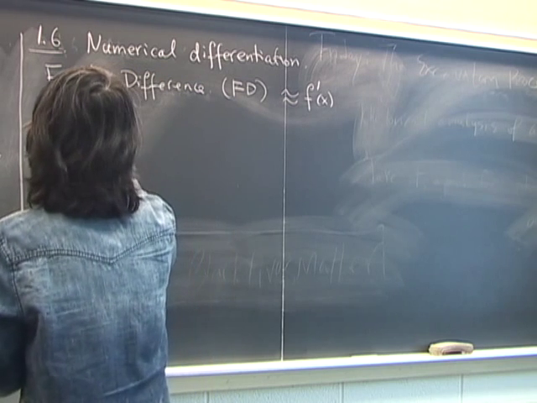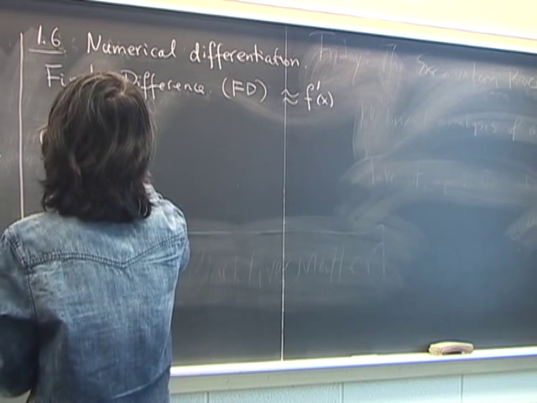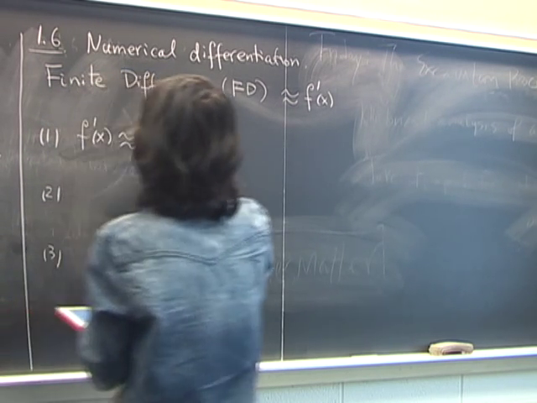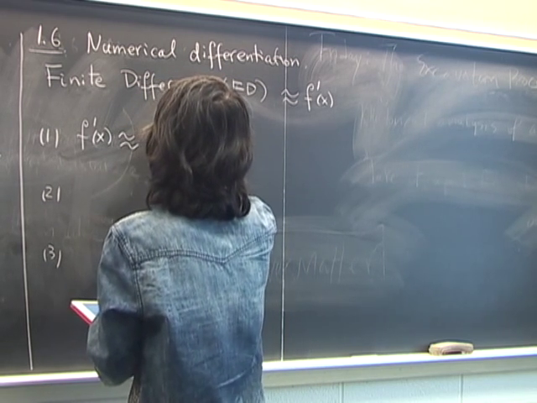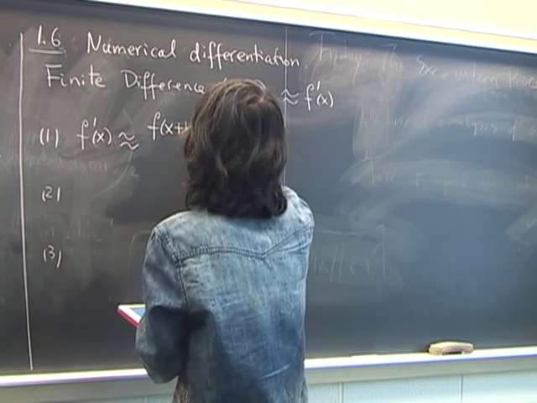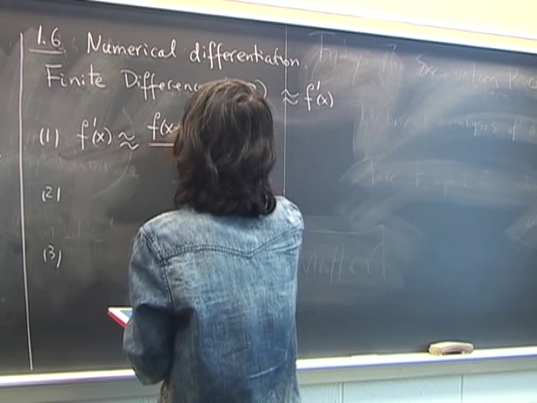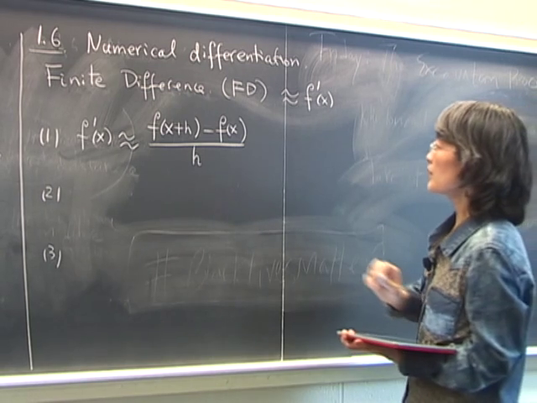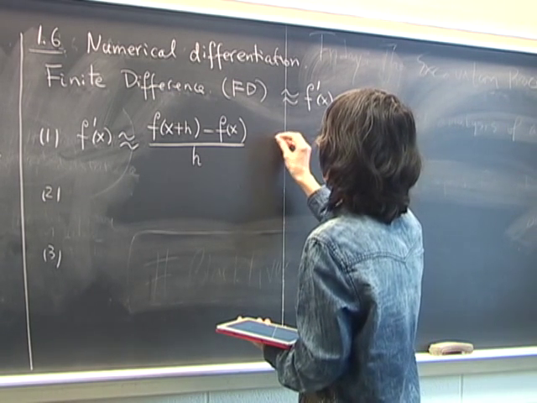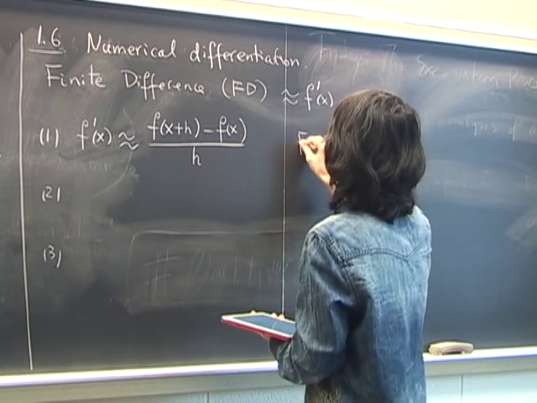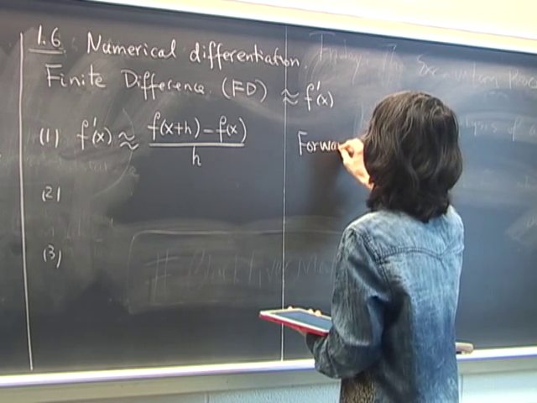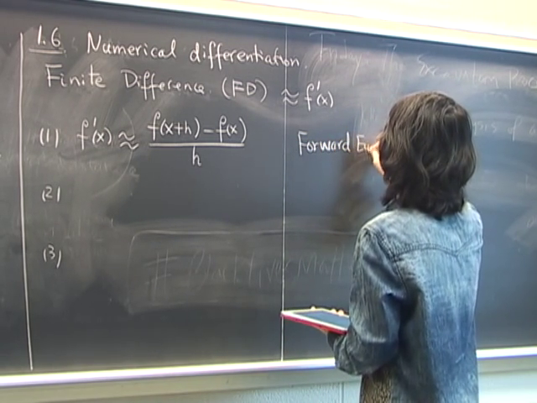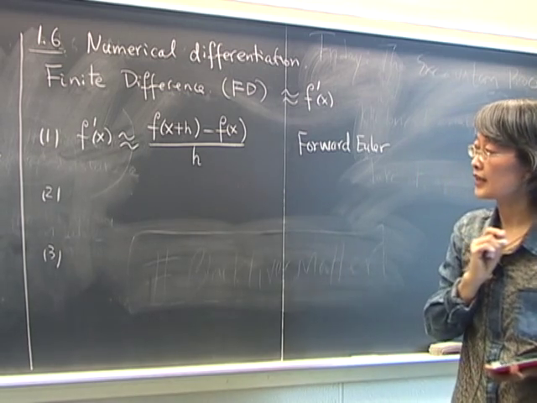So the first one is f prime of x is approximated by the following: f of x plus h minus f of x over h. And this is called forward Euler. It's due to Euler. It's Euler's method.